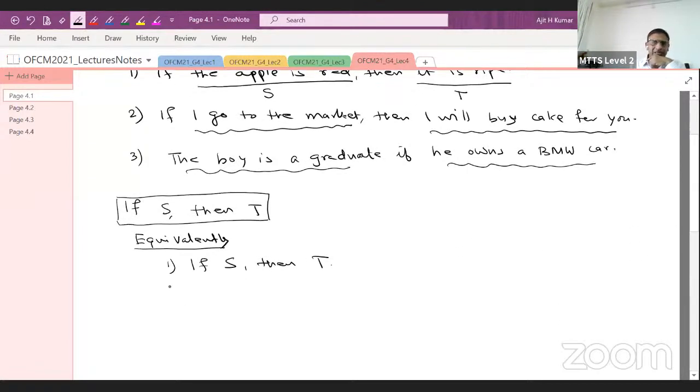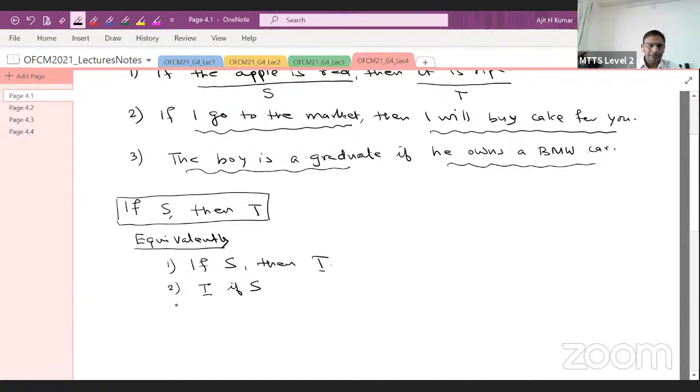And just now we saw that equivalently we can write this as T if S. That's what you have right here: he is a graduate if he owns a BMW car. So T if S is another way of saying it.